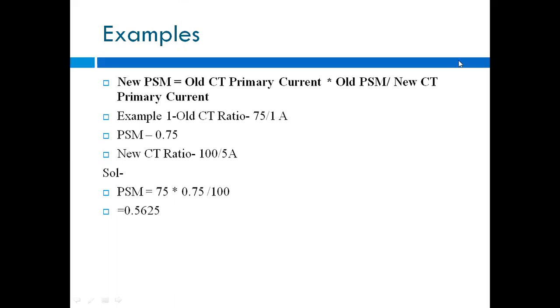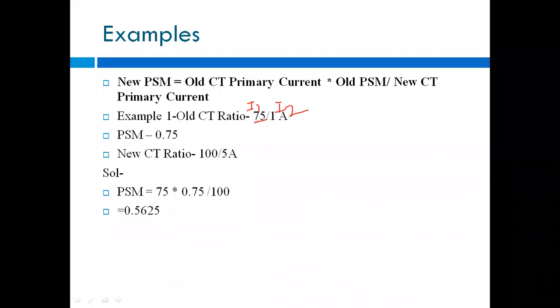Now we have to find the new PSM using this formula. The old CT primary current is 75, with CT primary I1 and CT secondary.